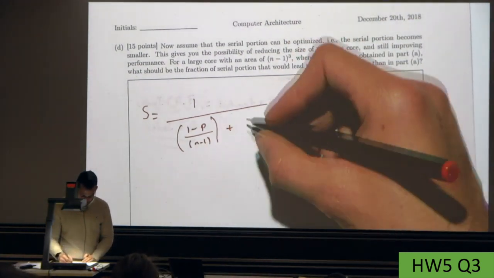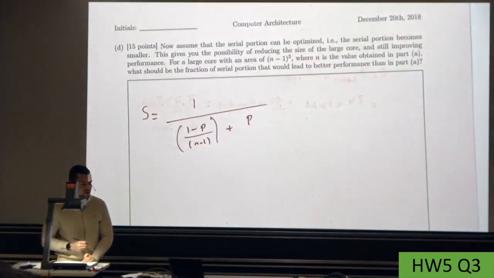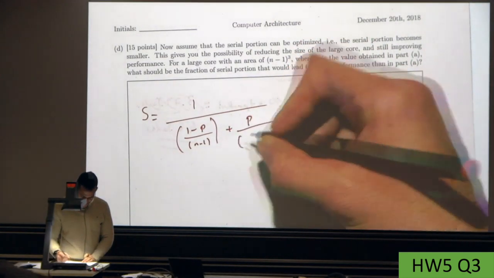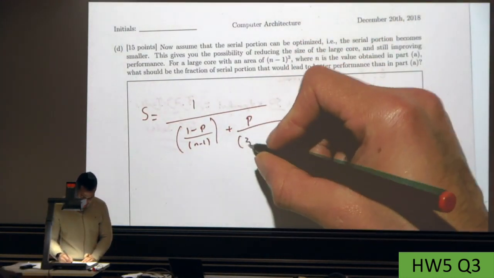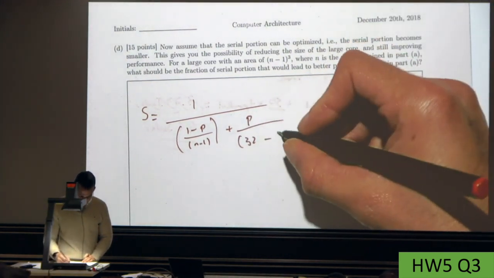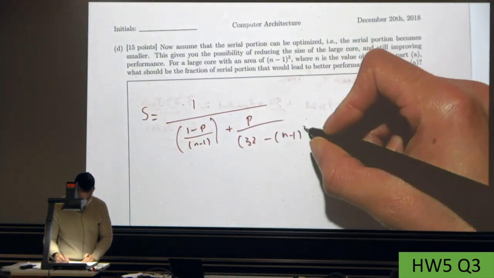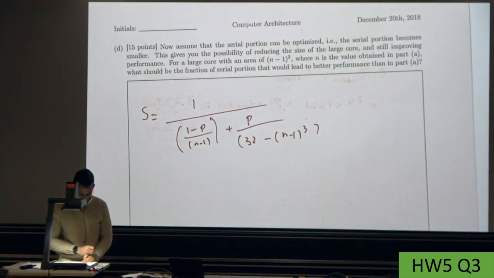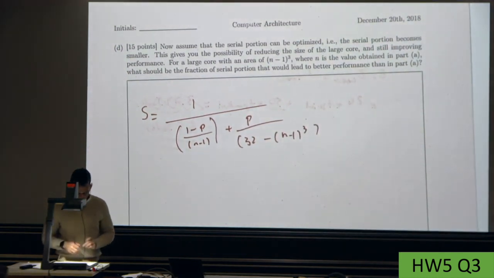The parallel portion still takes p units of time, and we still have the same amount of area, so we can place 32 minus (n minus 1)^3 number of small cores.